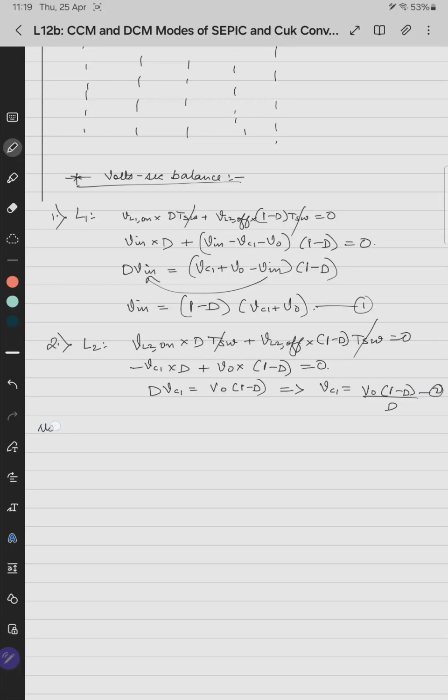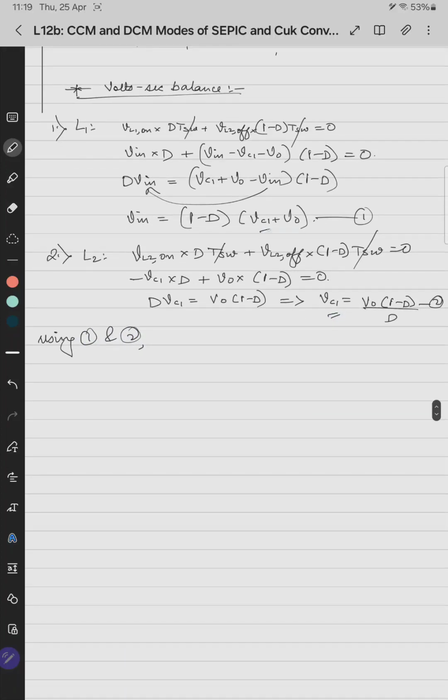So using 1 and 2, we'll substitute the value of Vc1 in this expression, then we'll get V in is 1 minus t times of V naught plus Vc1, which is V naught into 1 minus t by t.